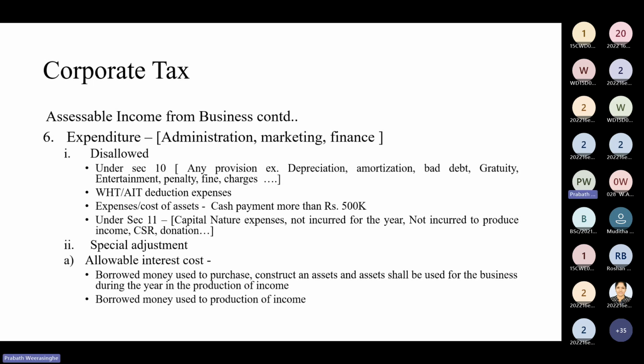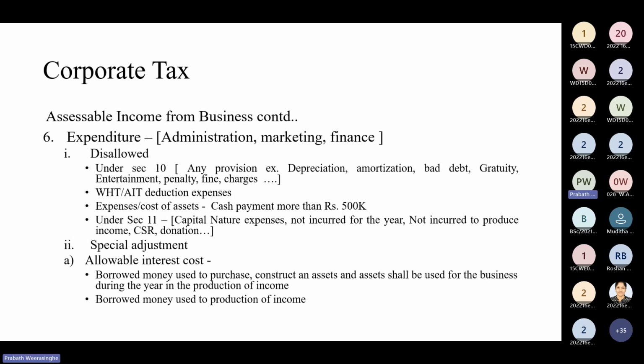Thereafter, special adjustments are required for these types of things, especially interest cost. Under section 12, it says the disallowable interest cost. It says borrowed money should be used for the purchase of an asset, and that asset should be used during the year for the production of income.